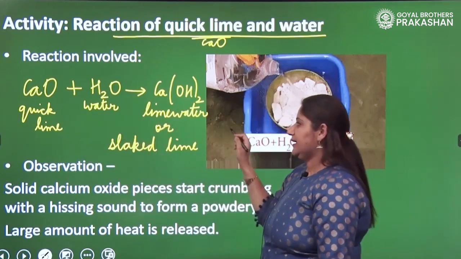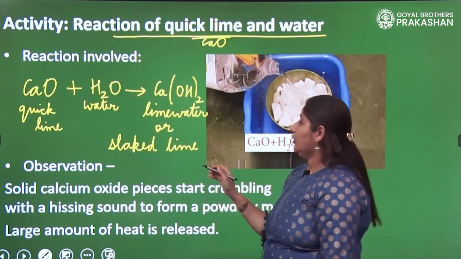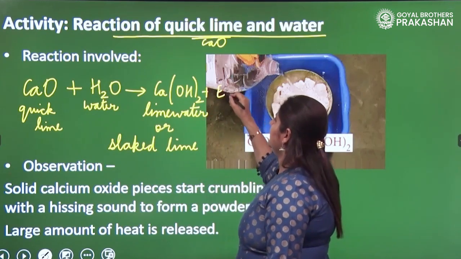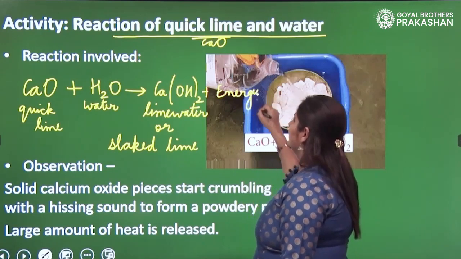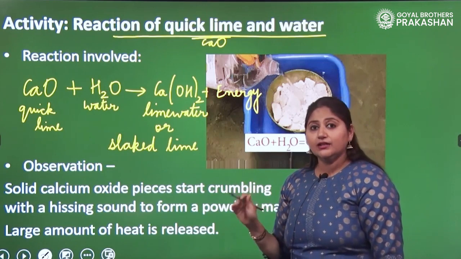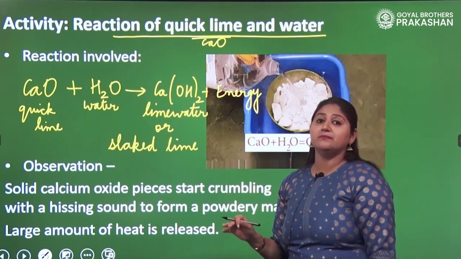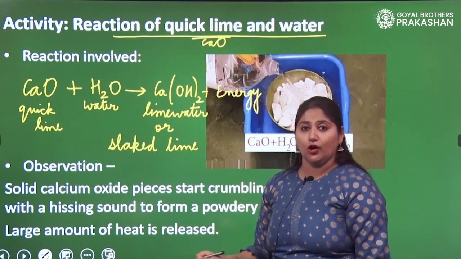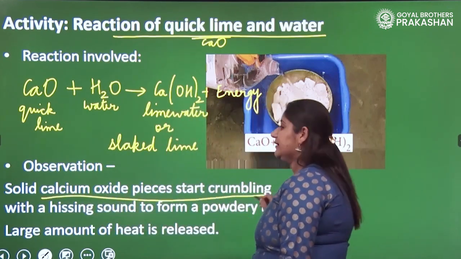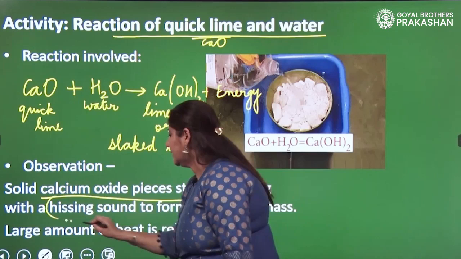So in this particular reaction, a lot of energy is released, so I must write that it is with the energy released. The energy released during the process makes the container very hot. Solid calcium oxide pieces start crumbling with a hissing sound.